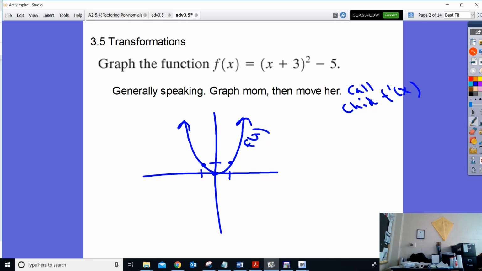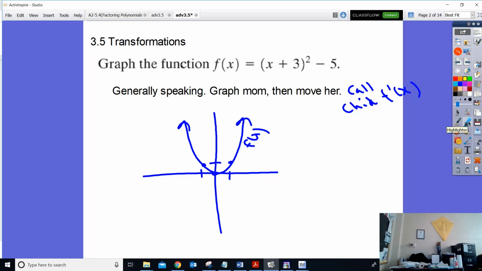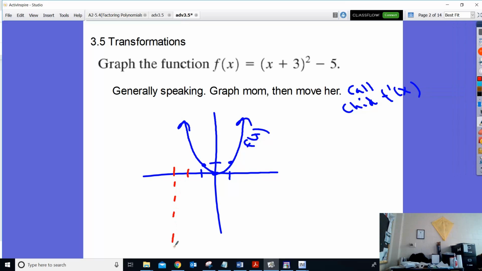What I've always done, and it makes it easiest on me, is I show shifting left 3 by shifting the y-axis 3. Down 5. What's that do to mom? That drops the x-axis 5.